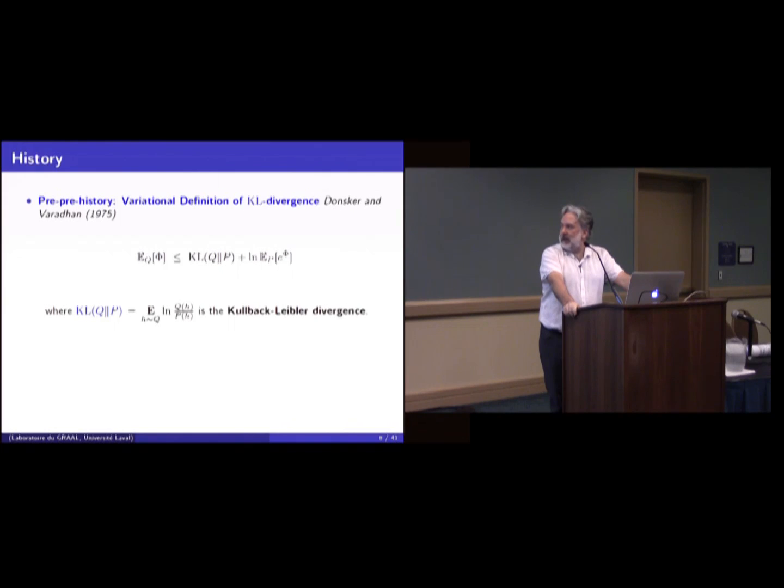So here is what we call the Donsker-Varadhan inequality. It relates an expectation on a distribution P to an expectation on a distribution Q. And the relation between them is quantified by the Kullback-Leibler divergence, which is defined in this slide, right? And this is the most important part of the PAC-Bayes approach.